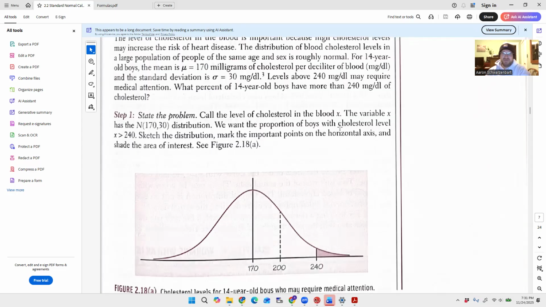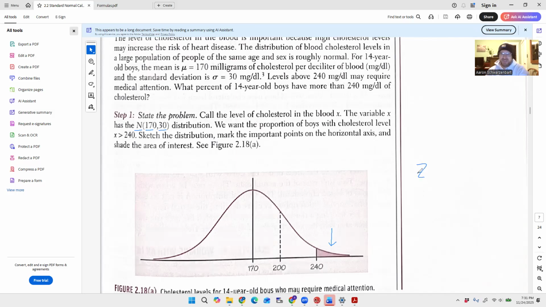So state the problem. We're trying to figure out what percent of boys have bad cholesterol levels. We know that X has a normal distribution. Again, that's abbreviated N, mean 170, standard deviation 30. Sketch the distribution. We are looking for this part.